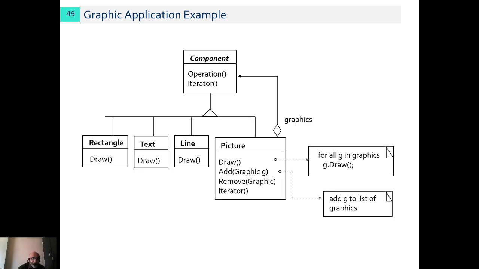So the component is formulated and used to formulate the picture, where the picture may consist of rectangles, text, lines, circles, ellipses, or simply shapes which can be drawn or which can be removed by applying the iterator function, right, for n number of times where n is finite.